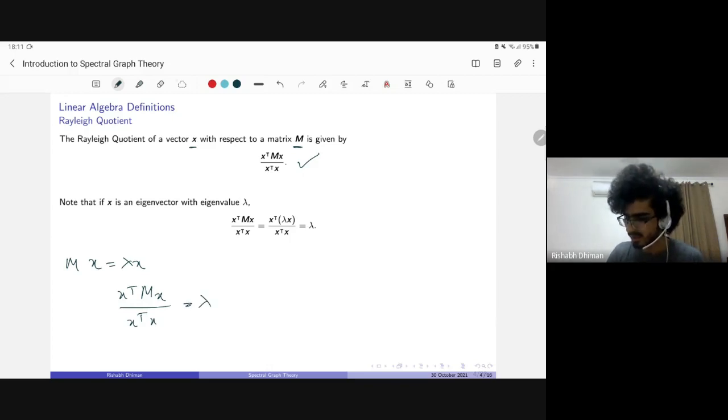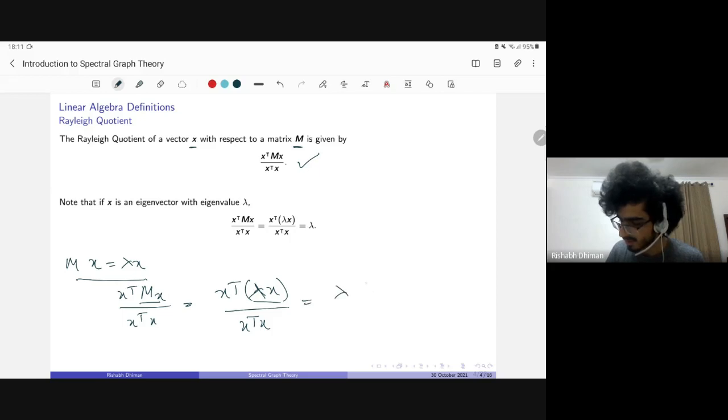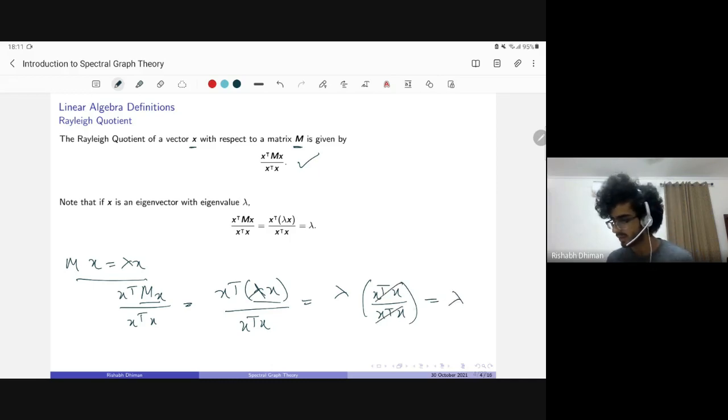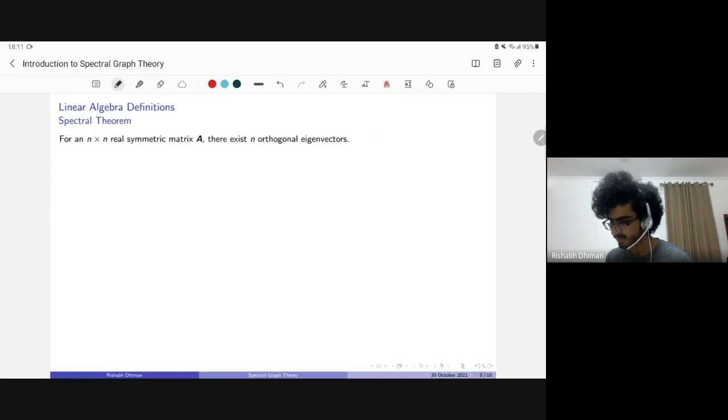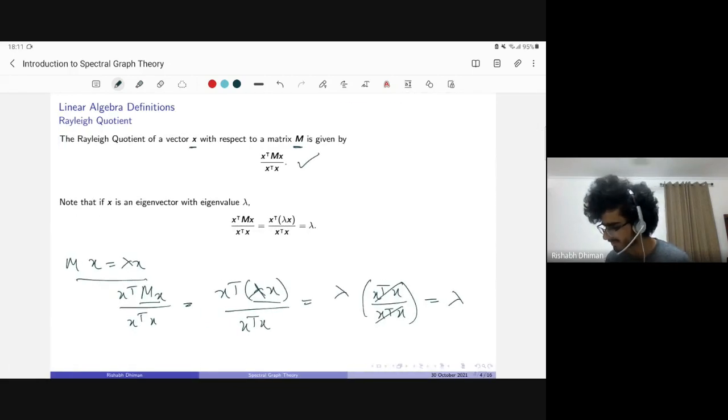And the reason for this is just simple multiplication. It's just playing around with the rules. So Mx will be lambda x because that's how you defined x. Then divide by x transpose x. Just pull out this constant, x transpose x over x transpose x cancels out and you get lambda back. So that's cool.